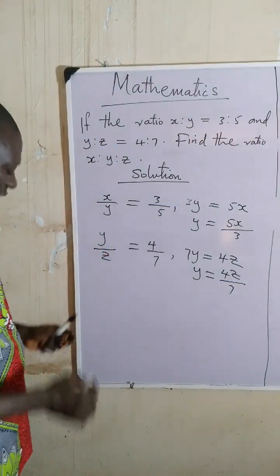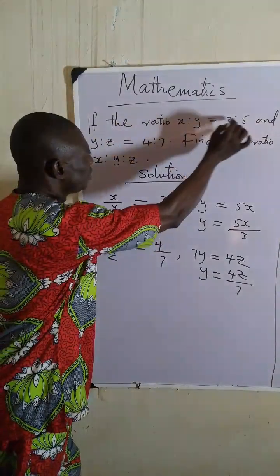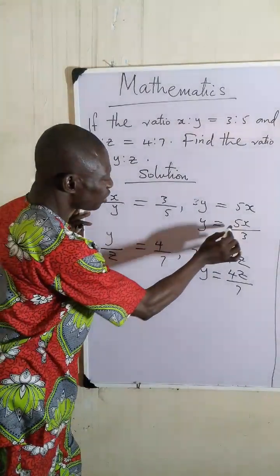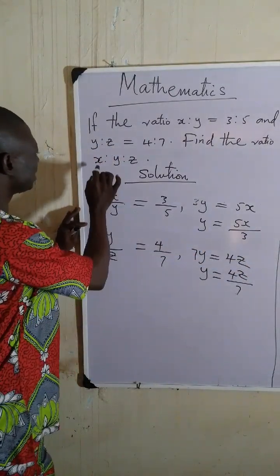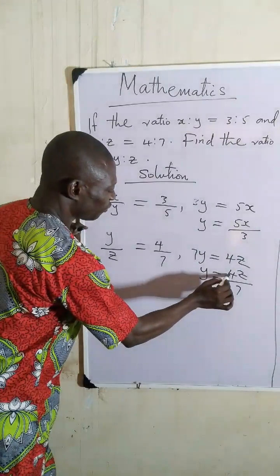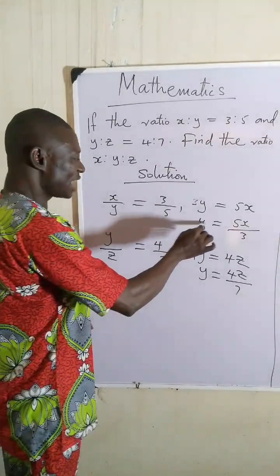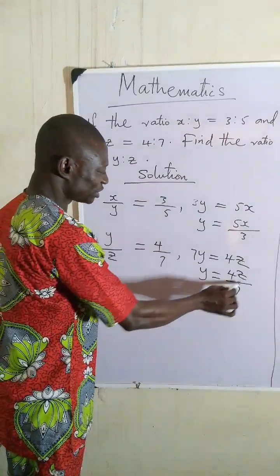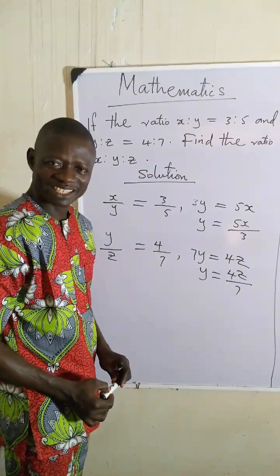Alright? What we see here is that from the first sentence, y is equal to 5x over 3, and from the second sentence, y is equal to 4z over 7. It means that if y is equal to this expression and y is equal to this expression, the two of them can be equated. Does that make sense?